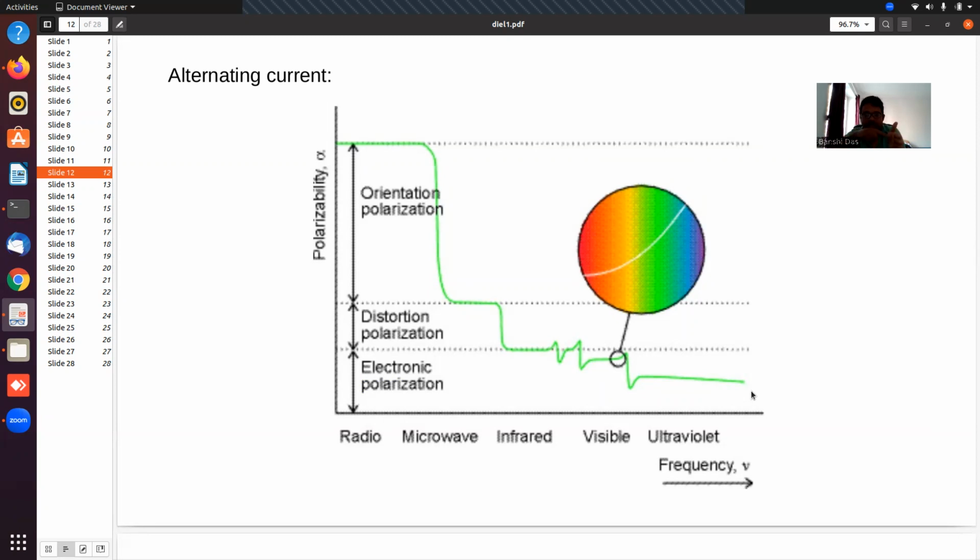If we give some time to reorient, they can reorient, but if we don't give that much time, with a very fast change of the direction of the electric field, like in the ultraviolet frequency region, then only the electron can change its place. The molecule does not get time to reorient.